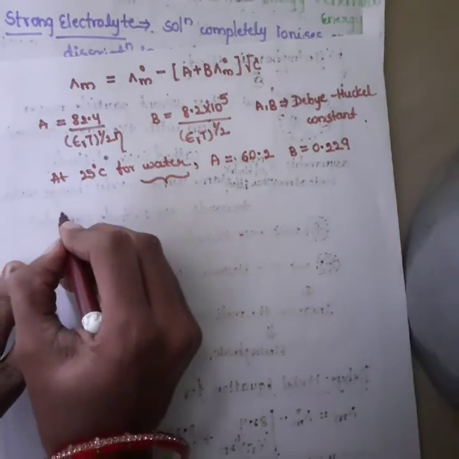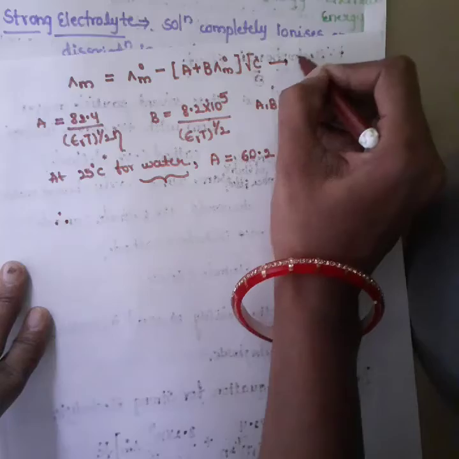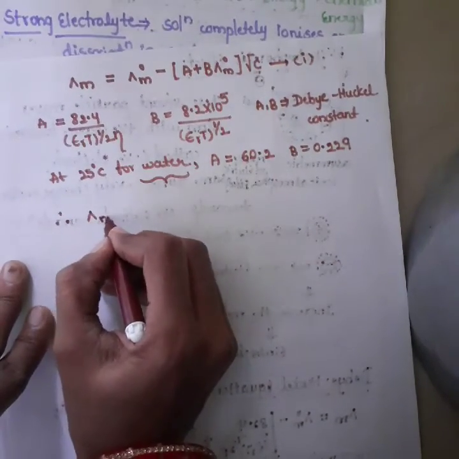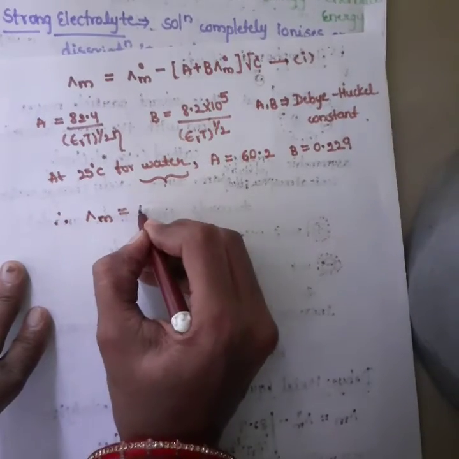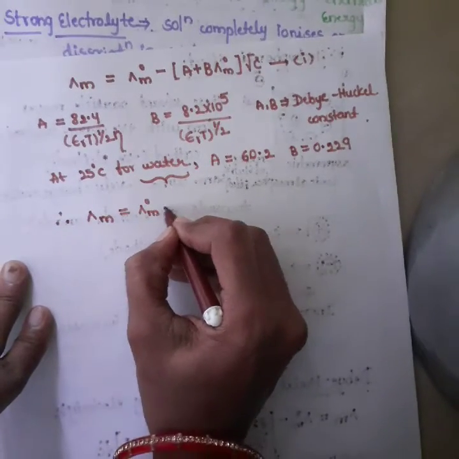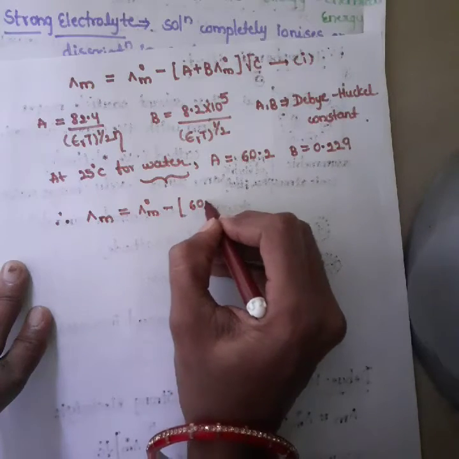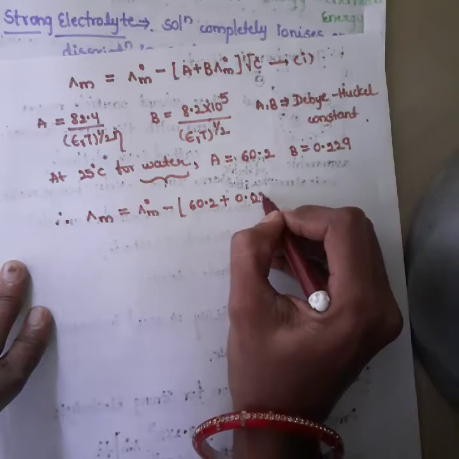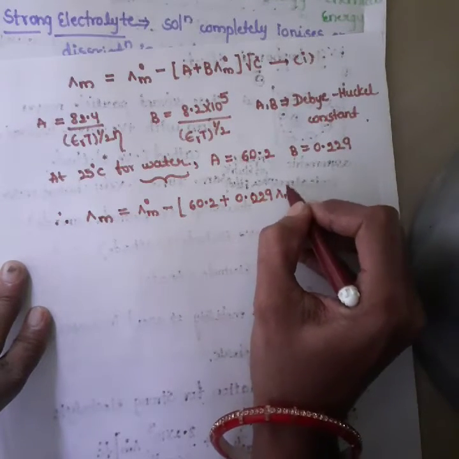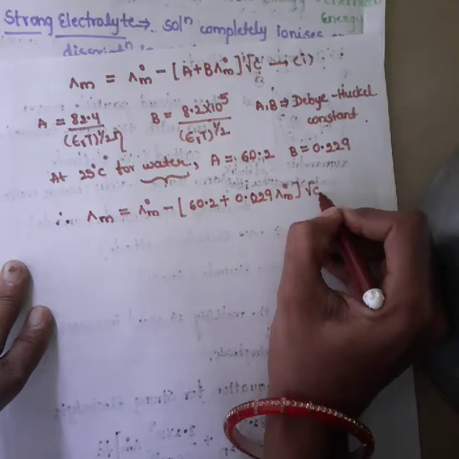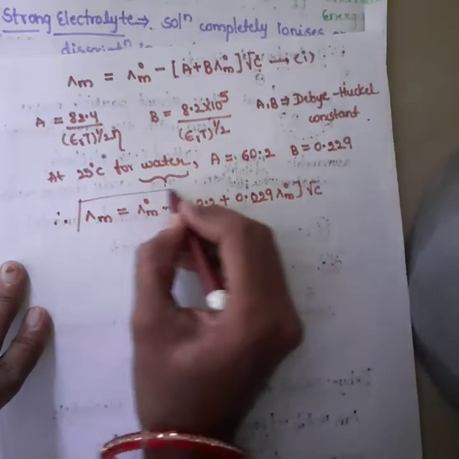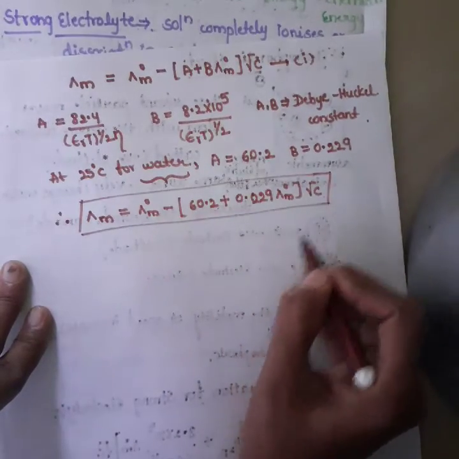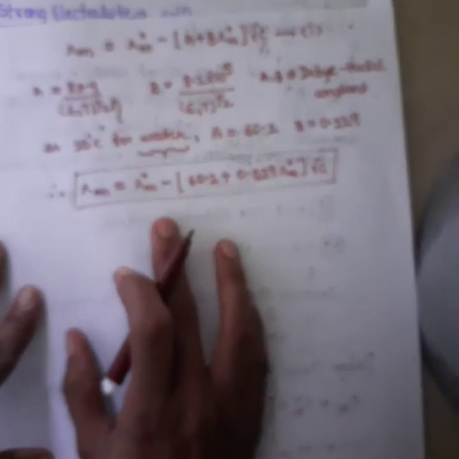Therefore we substitute these values in equation 1. Then equation 1 becomes lambda m is equal to lambda m naught minus 60.2 plus 0.229 into lambda m naught into root c. This is the simplified Debye-Hückel equation.